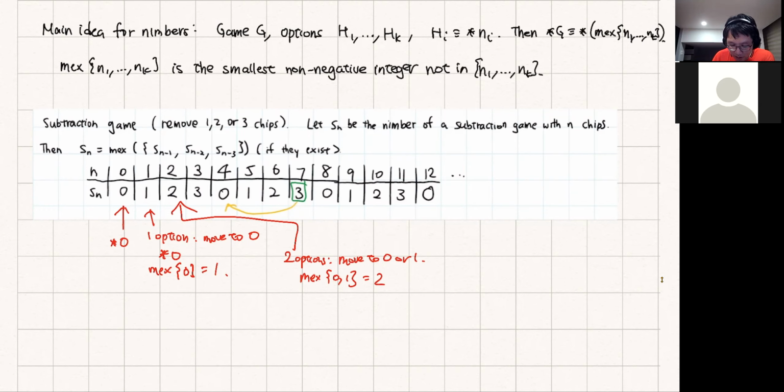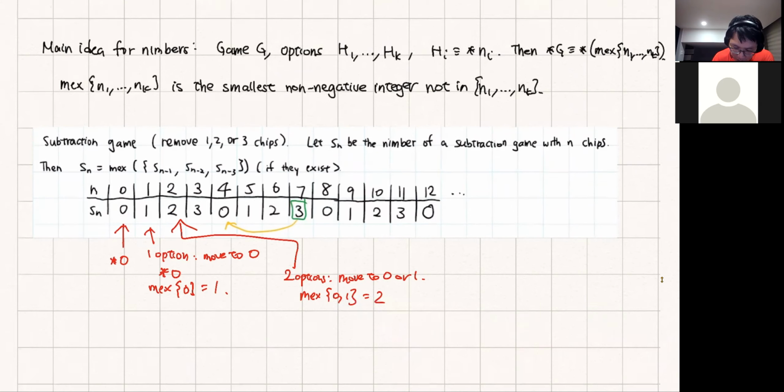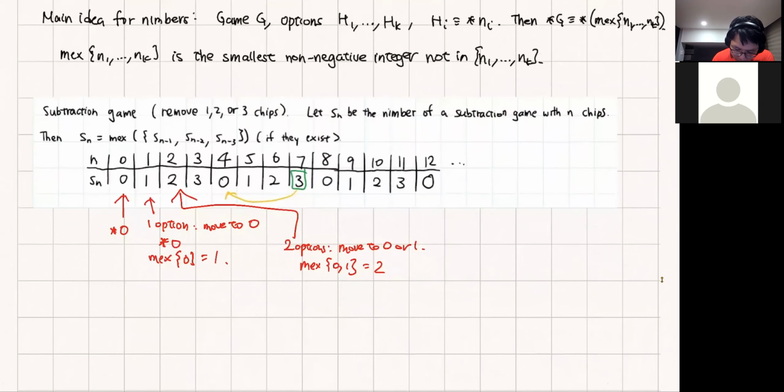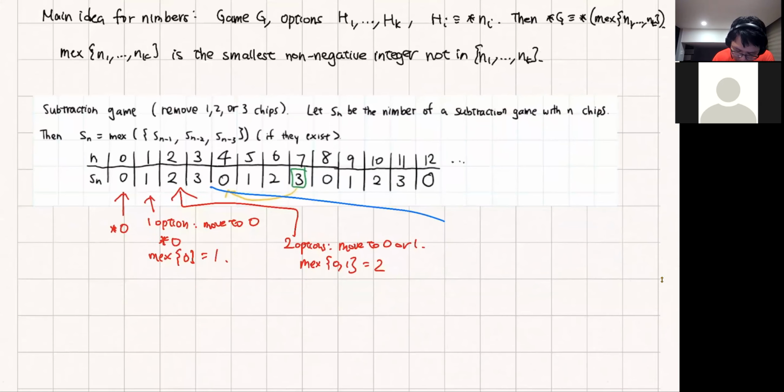From 3 chips, you have 3 options, moving to 0, 1, or 2, and you're looking at the max of 0, 1, and 2, which is 3.